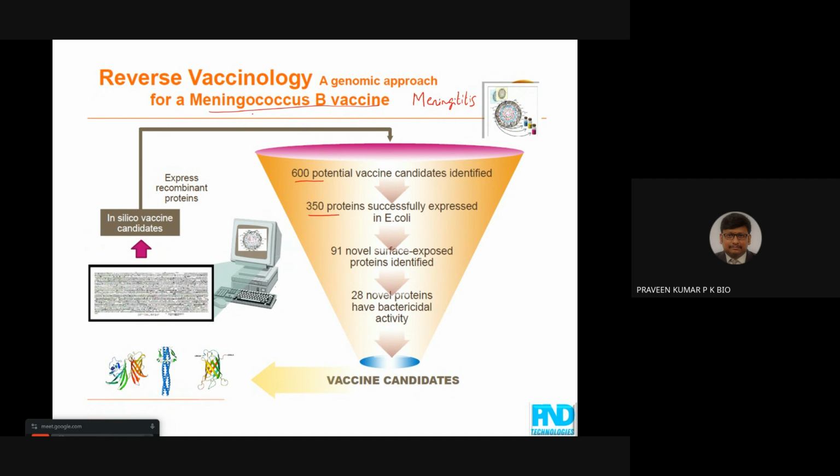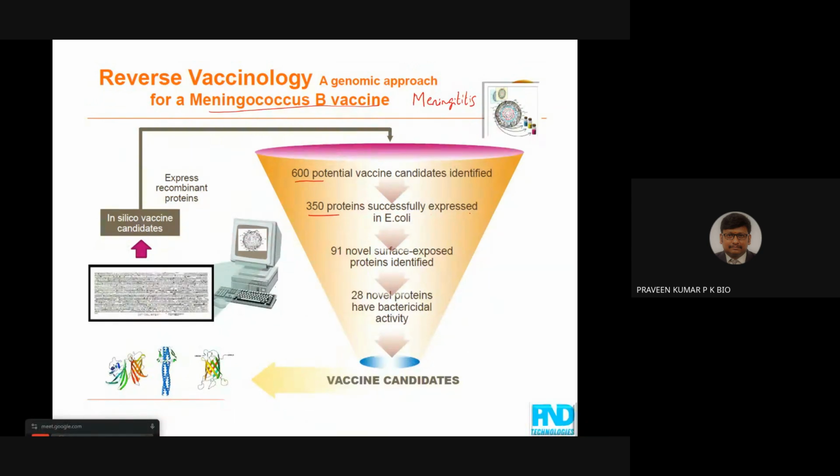That is, whoever discovered this meningococcus B vaccine. Out of 600 potential vaccine candidates, that is, that many target proteins in meningococcus B, that kind of bacteria, initially 600 were screened down to 350 based on successful expression in E.